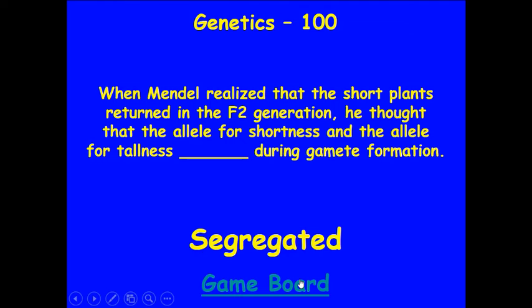But then when he self-pollinated that F1 generation, and he had big T, little t times big T, little t in the F2 generation, short individuals came back. Only 1/4 of them were short, but the only way for that to happen is if the big T got separated or segregated from the little t when sperm and egg cells were created. And that's the process of segregation or the principle of segregation.